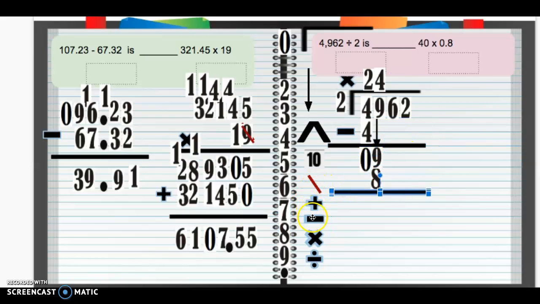And you will subtract. 9 minus 8 is 1. I'll get you more ones. Again, you will not have to worry about getting these. They will be there. 6 gets brought down.